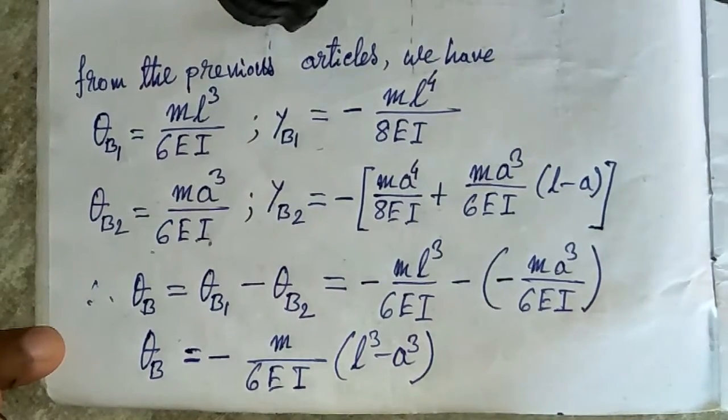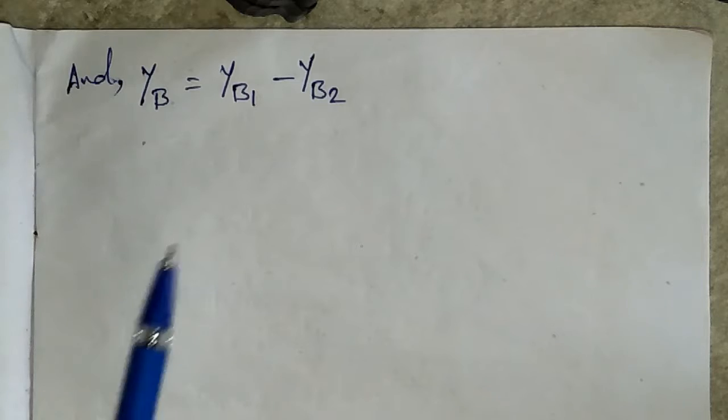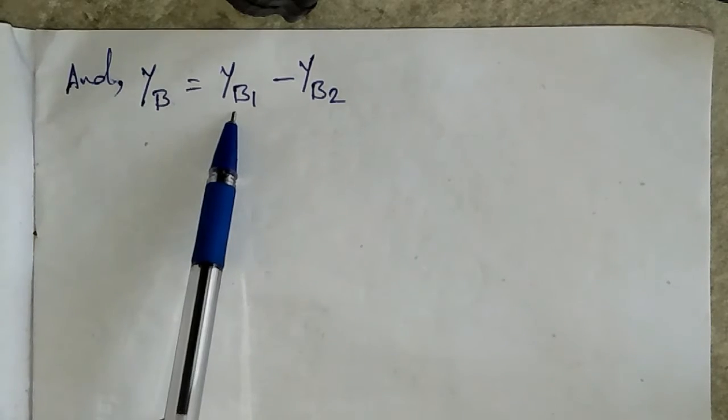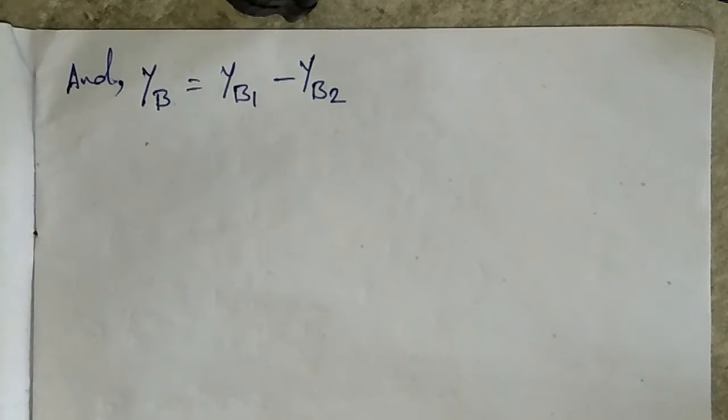To find out the resultant deflection, yb equals yb1 minus yb2.